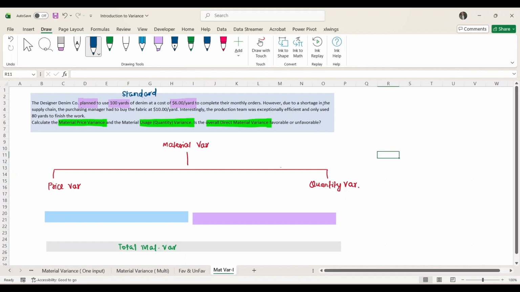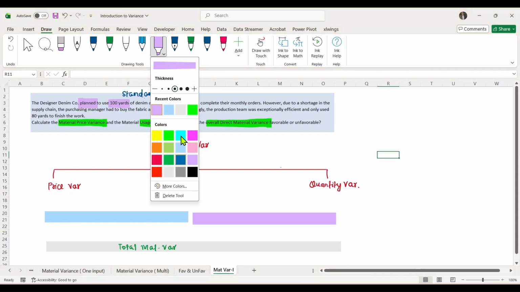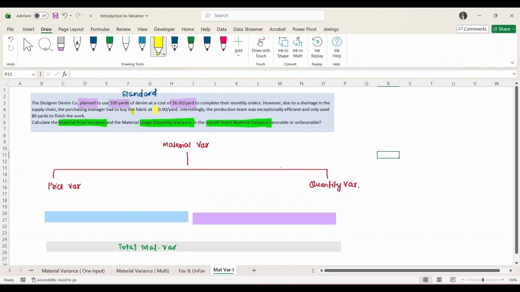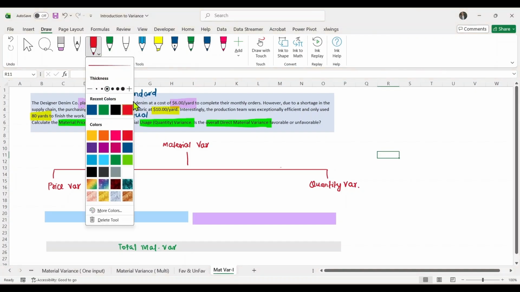And afterwards we can see the next part, the purchasing manager had to buy, this is the actual part, $10 per yard and used only 80 yards. This is our actual.